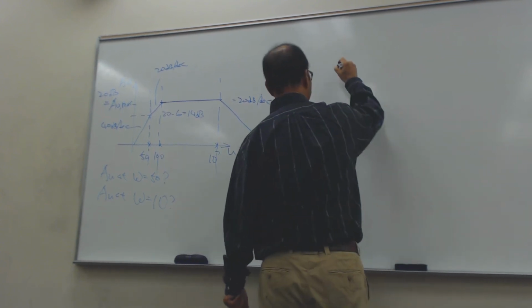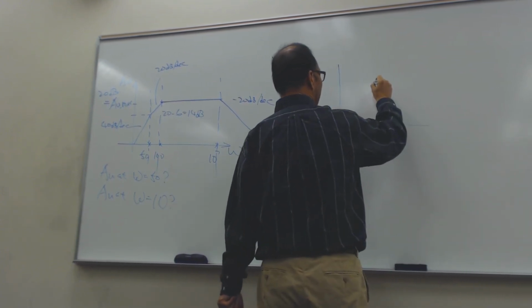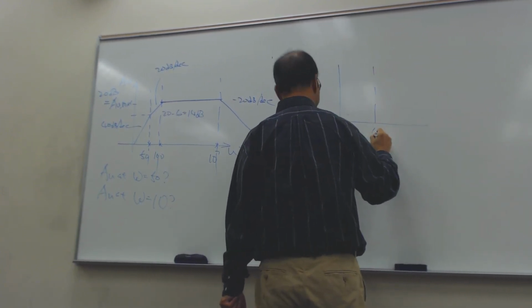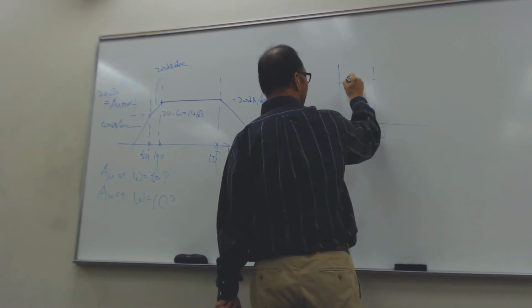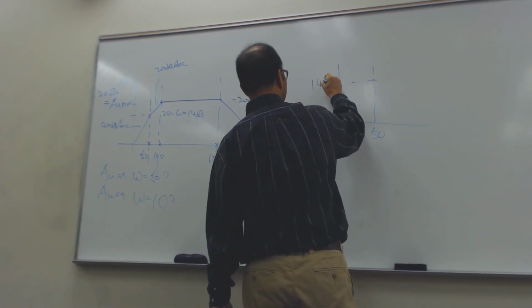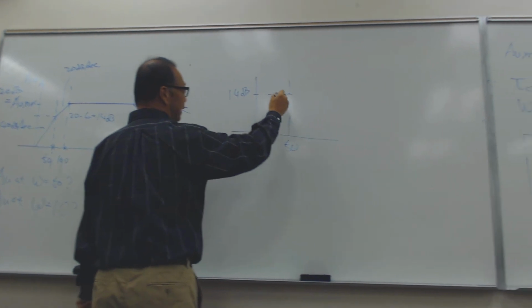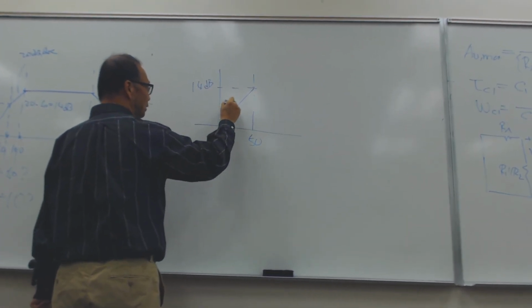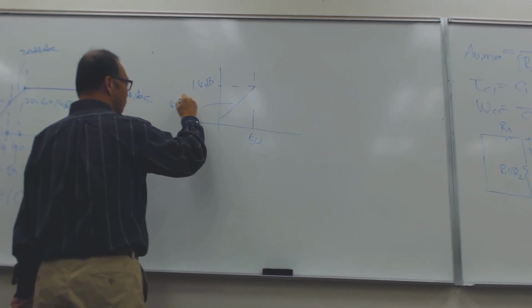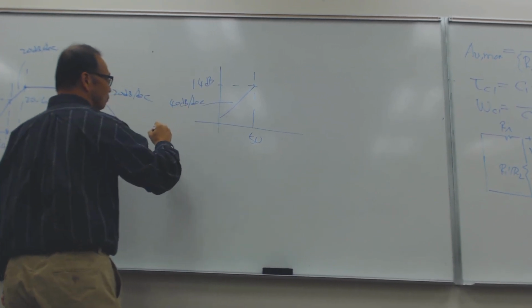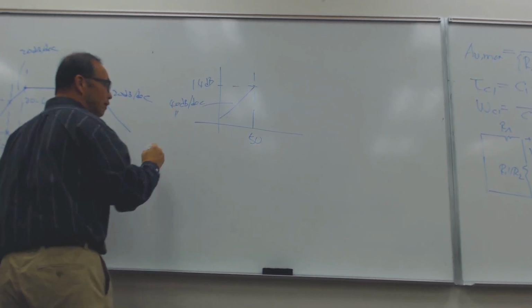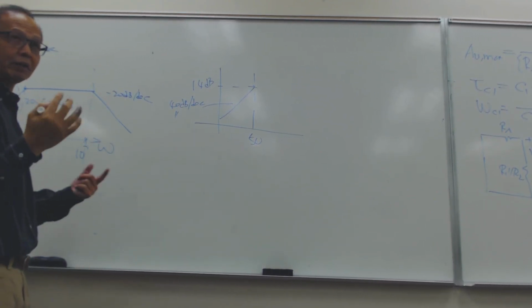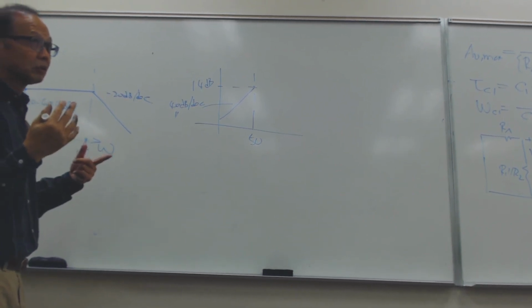So let me do that here. So here is 50, right? I know it's 14 dB. Then we have a slope. How much? 40, right? 40 is equivalent to how much per octave? 12. Yes.